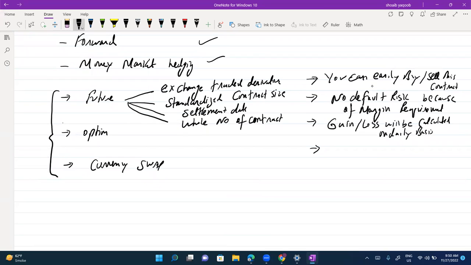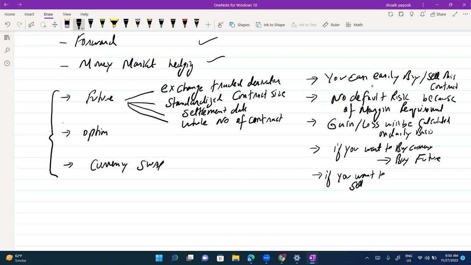How to enter into a contract? If you want to buy currency, buy future. If you want to sell currency, कौन सी currency? Contract currency की बात कर रहा हूं.